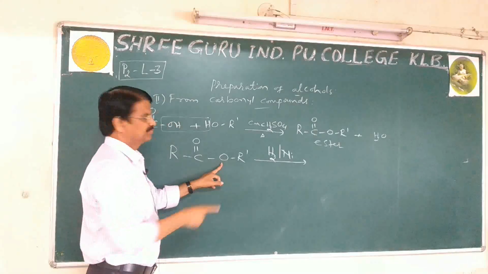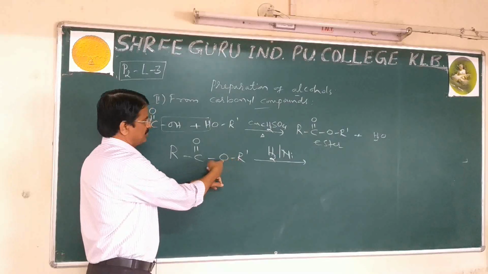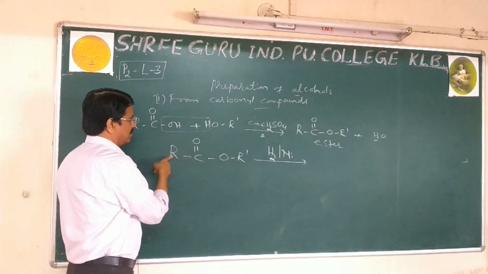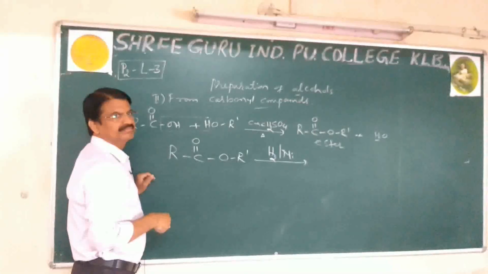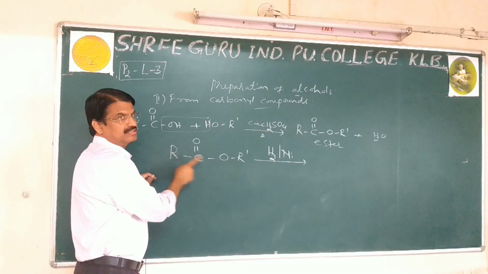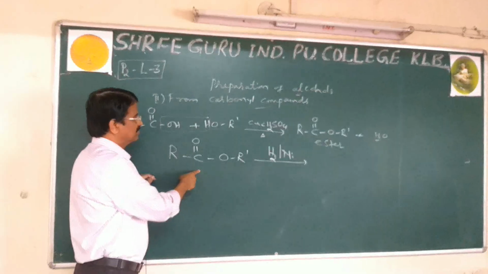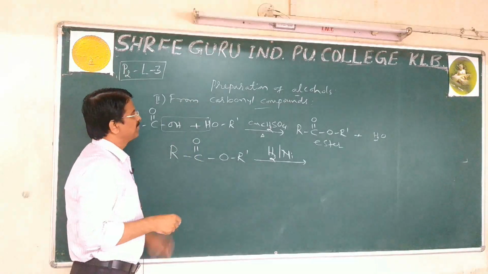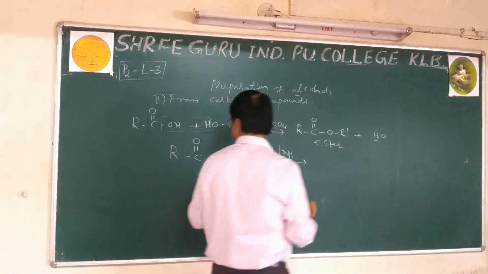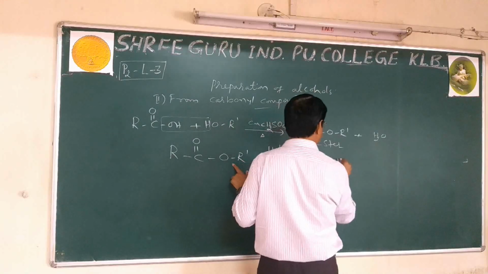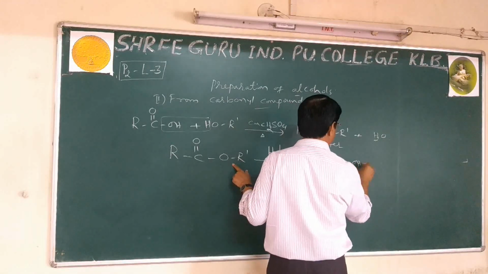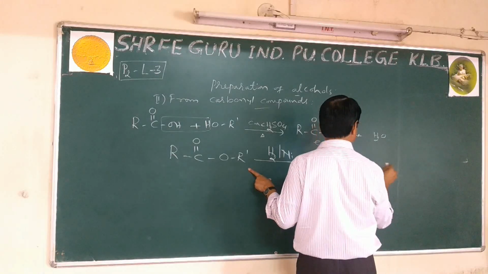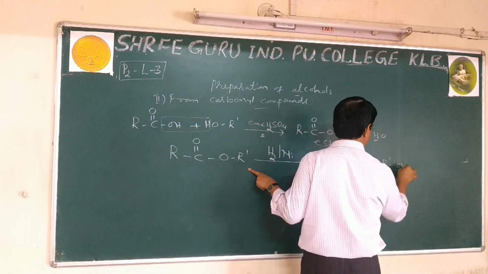And here R' OH, but in this case RCH2OH. Ester group gives RCH2OH. Then in case of carboxylic acid, RCH2OH, okay, then RCH2OH plus R'OH.